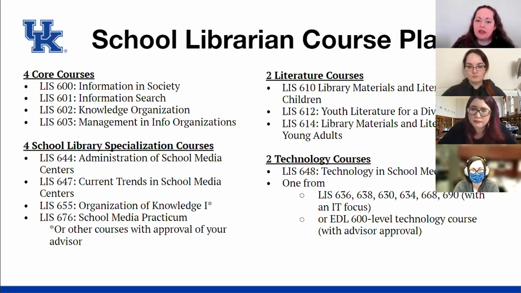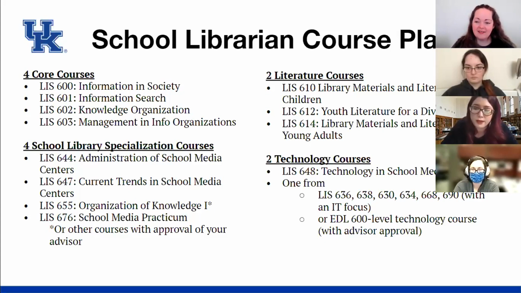And then there's also choice among the literature and the technology classes. For the literature classes, we've got 610, 612, 614, that special topics class that we're offering. That's this semester, isn't it, Heather, this spring? Maria's class? I'm not sure if we're offering it this spring, and I am also pretty sure that it's going up for its own course number, so that'll be a regular literature offering as well.